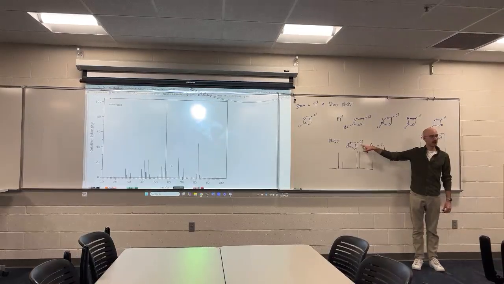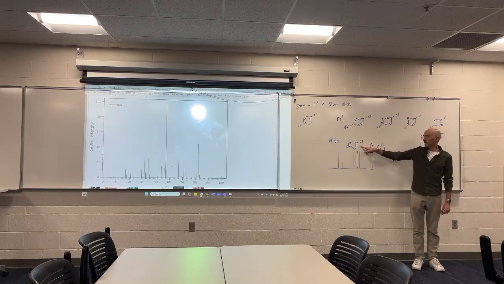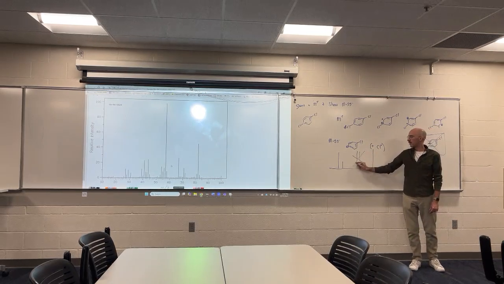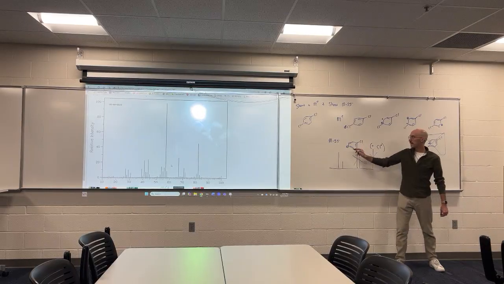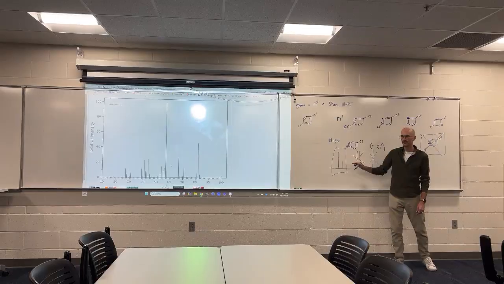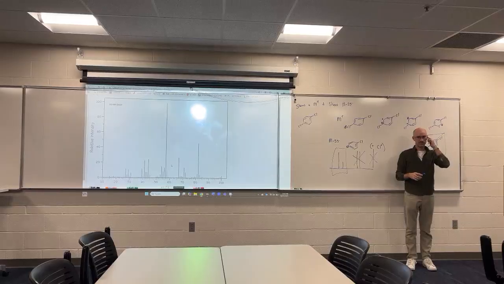So how many times will this remaining chlorine be 35? How many times will it be 37? 3-to-1, always. So this signal, it's not 1-to-1, that's a bromine isotopic cluster. And it's not just one signal, because the chlorine is present as two different isotopes, at different percents of the time.